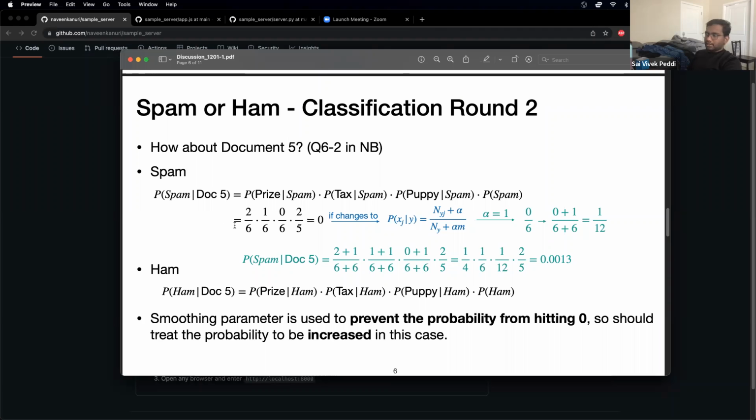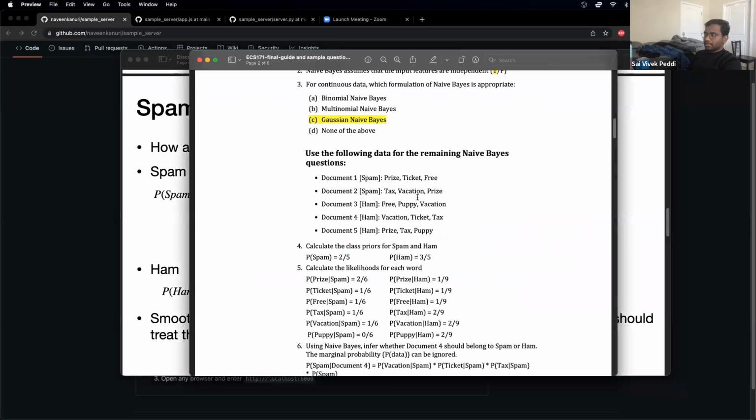We already have these likelihood values computed earlier, and if we plug them in, we get 0 because probability of puppy given spam is 0. Why? We don't have any puppy in the spam category, so probability of puppy given spam equals 0.